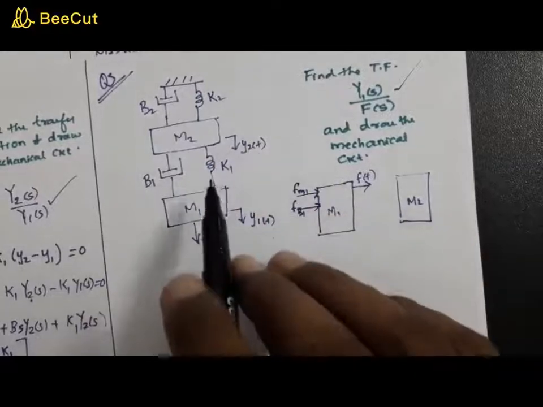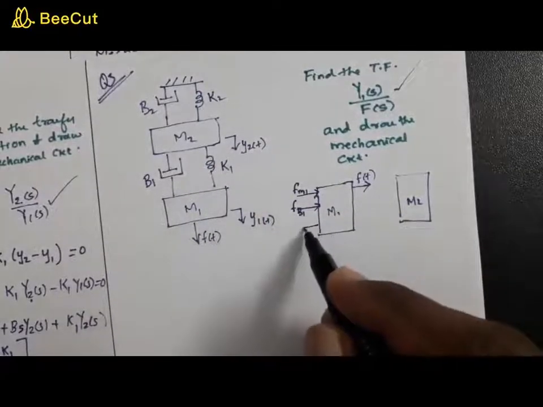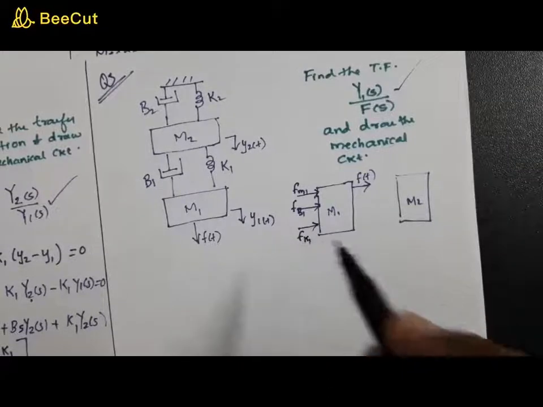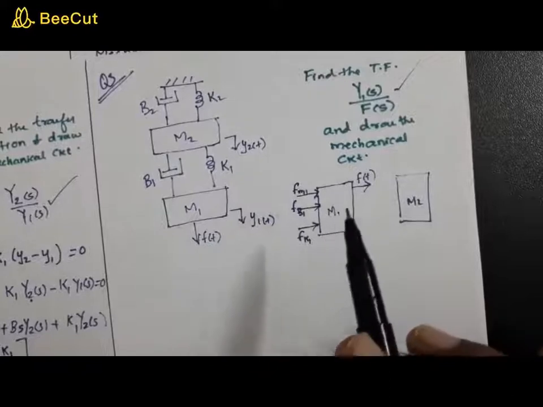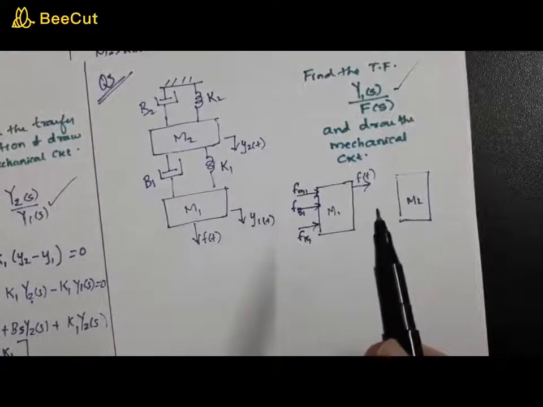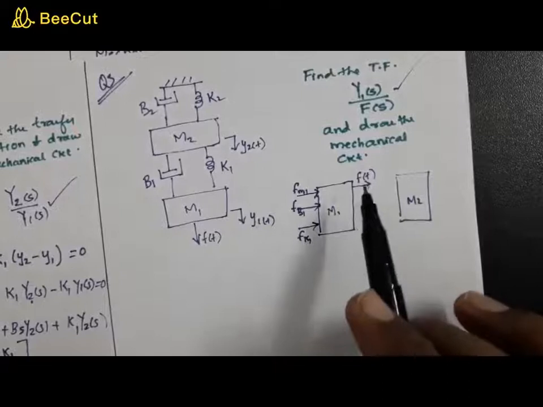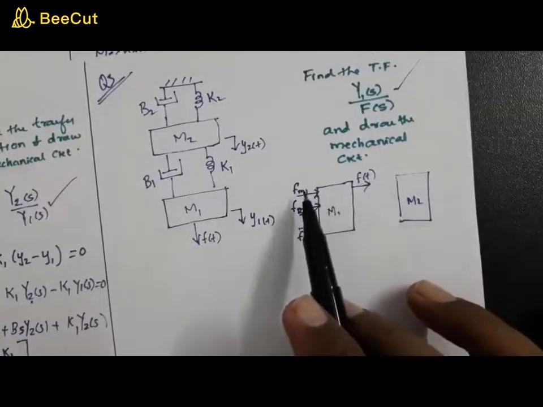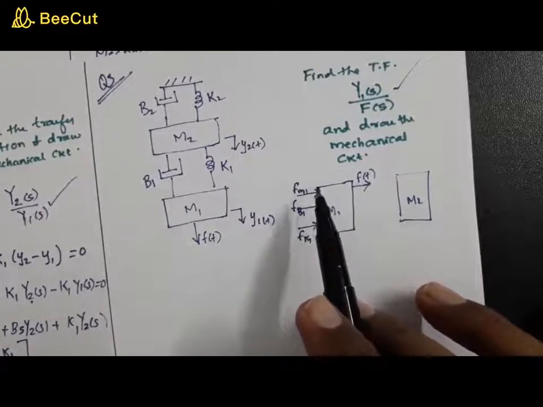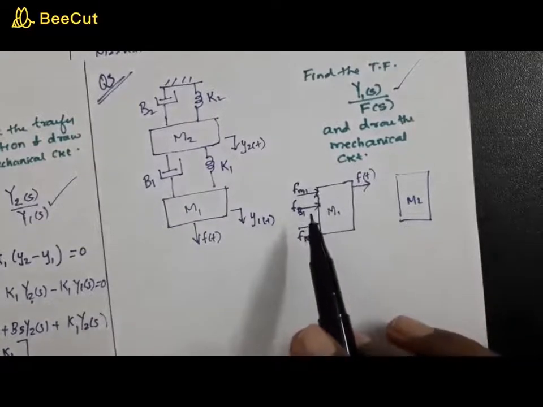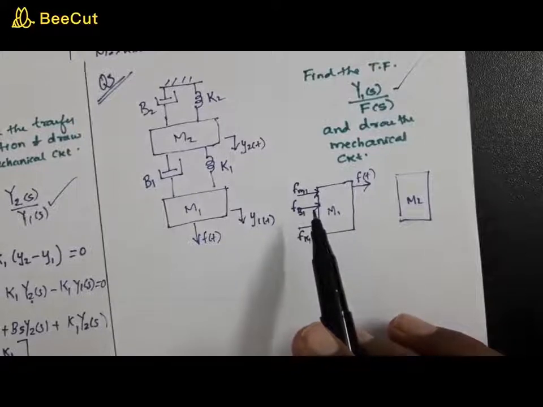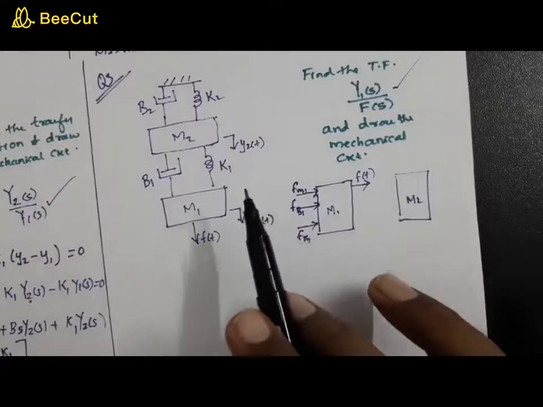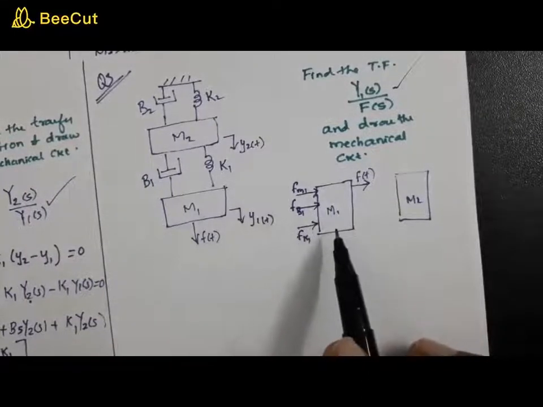And you have one more spring, and there will be a force due to that spring, represented by fk1. So how many forces is mass M1 associated with? You have four forces. One is an external force which is applied. The other three are the force corresponding to mass 1, the force due to the dashpot damper connected to it, and the force due to the spring connected to mass 1.